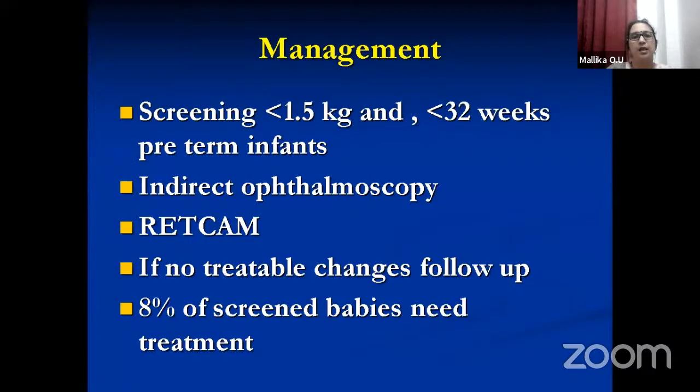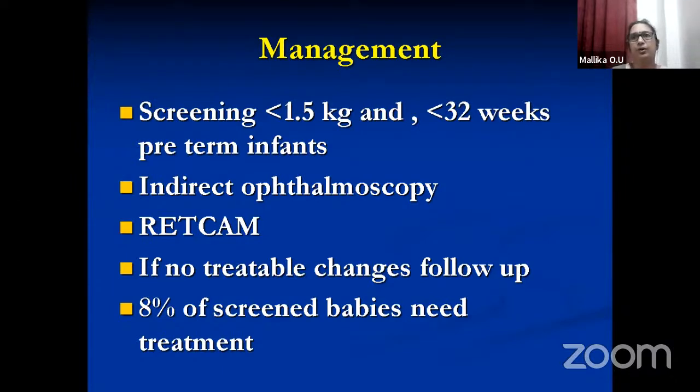So what is the treatment? In any condition that produces retinal neovascularization, the treatment is retinal photocoagulation and also intravitreal pharmacotherapy, that is anti-VEGF injection. Of which screening is the most important thing in these patients.